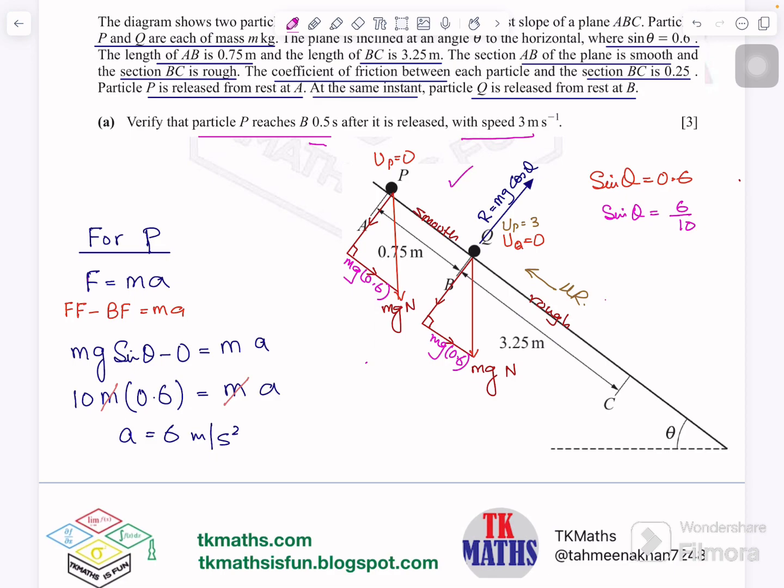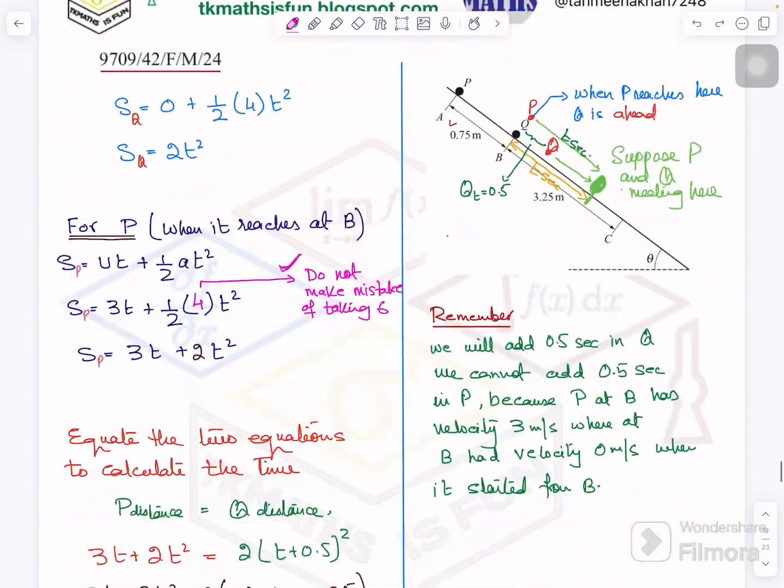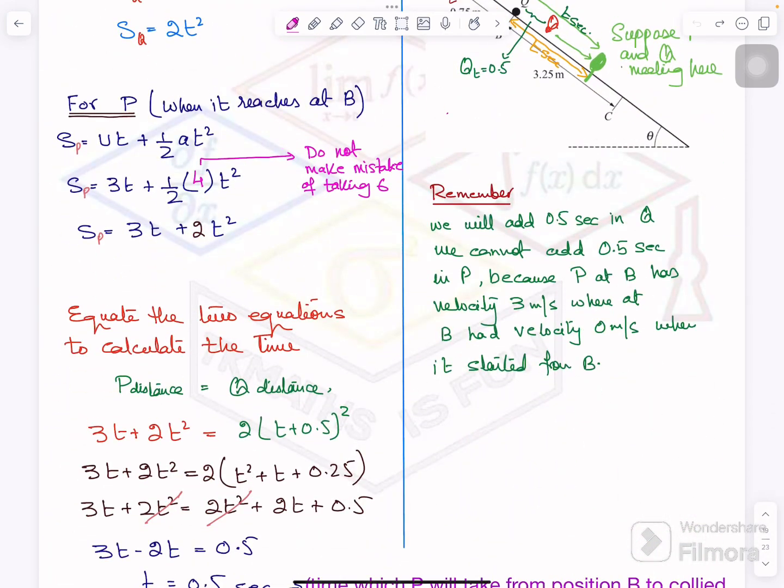Now this is a smooth surface, this is a rough surface. So when particle P reaches this point and onward it is on the rough surface, then definitely the acceleration will not be the same. It will be the same acceleration which Q is experiencing, because Q is going from here onward on the rough surface. So that was the trick, and one has to be careful about it.